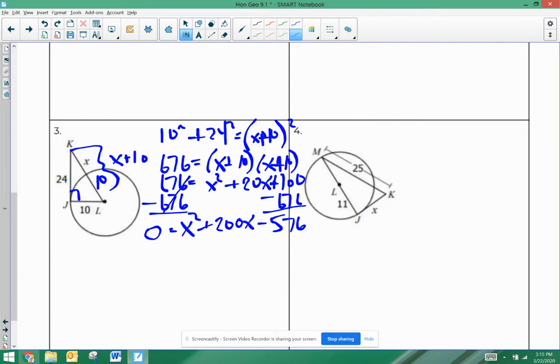So I'm going to make mistakes. You already know. 676. 10 squared plus 24 squared, 676. 20x plus 100. 100 minus 676. Negative 576.